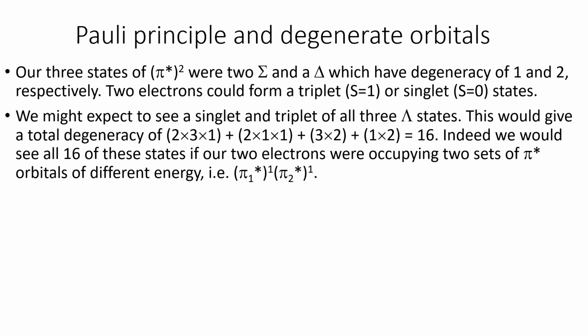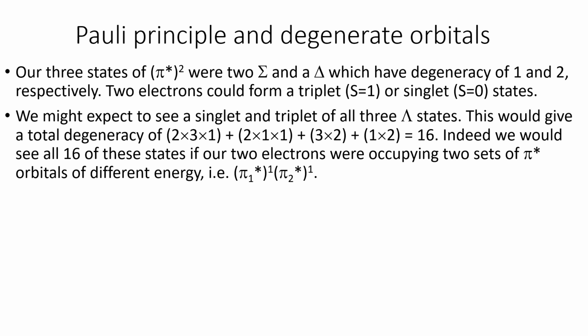What's interesting actually is that we would see all 16 of these states if our 2 electrons weren't in the same set of pi star orbitals. If you had 2 sets of pi star orbitals, let's say 1 electron in each, then you wouldn't have a Pauli problem, because the electron in the bottom 2 orbitals could be in any of 4 spin orbital states, 2 orbitals times 2 spin states, and the other electron in the higher pair of pi star orbitals could also be completely independently in any of the 4 states. 4 times 4 is 16, which gives you the 16 possible states.